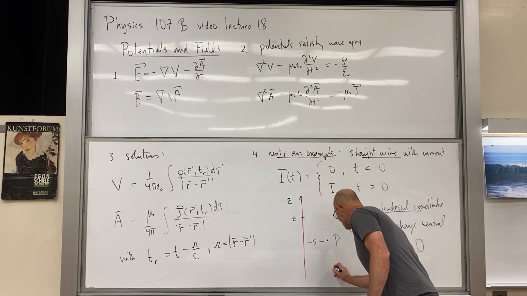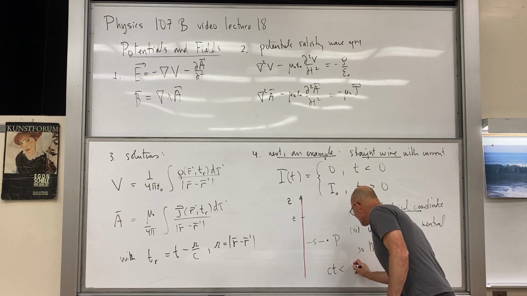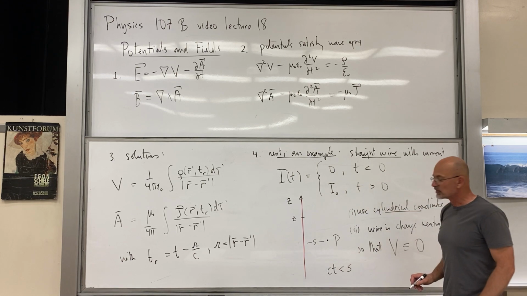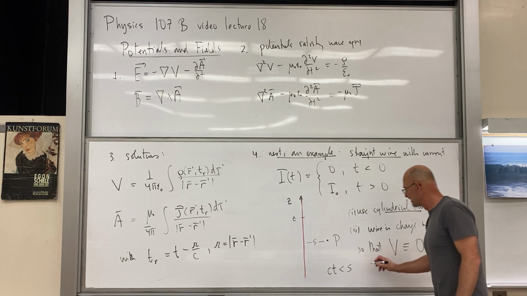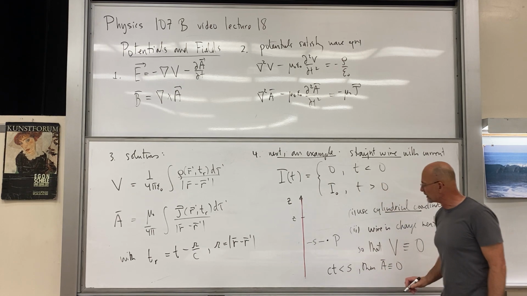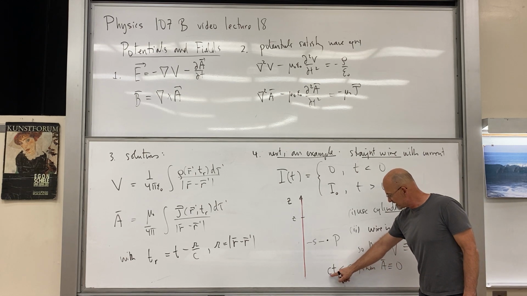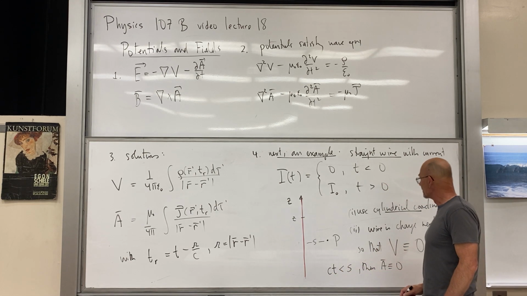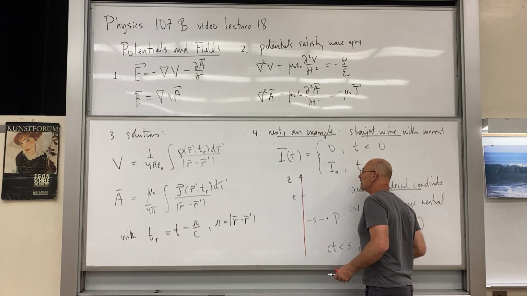So for c times t less than s, there's nothing going on, okay? Then A is just identically equal to 0. Only when c times t is greater than s will we set this up.